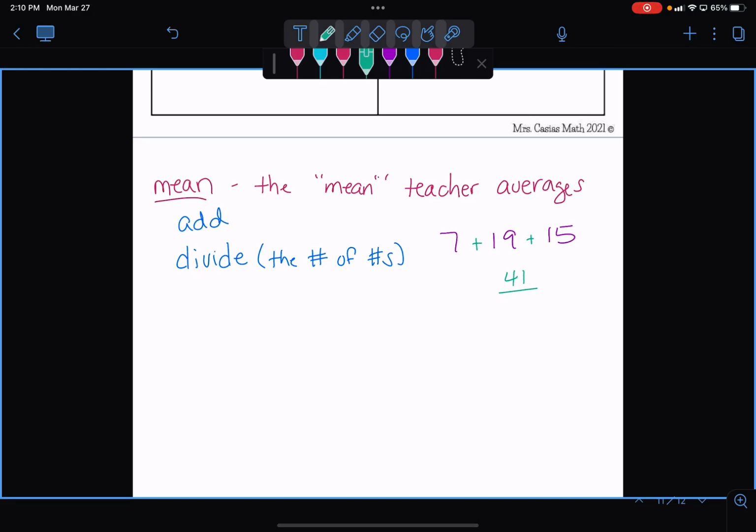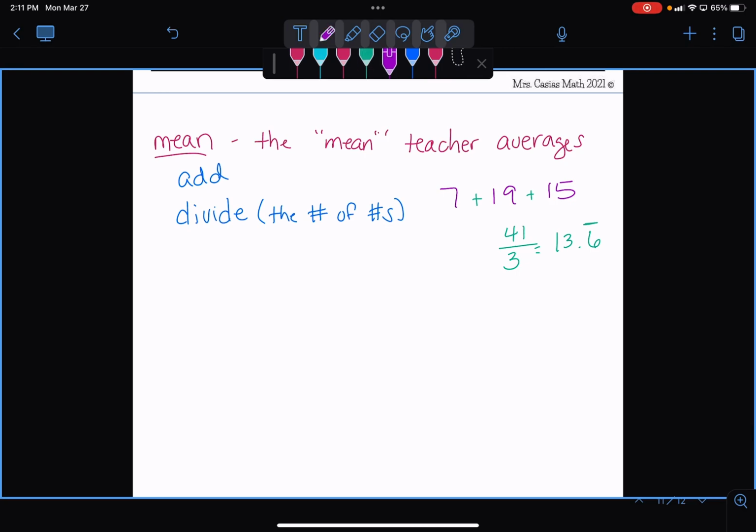Okay, and then what do you divide by? Divide by 3. And what is the average? Nope, not 10. 1, 14. Brock, use your calculator. Chop, chop. What is it? 13.6 repeating? Okay. So the average is 13.6 repeating.